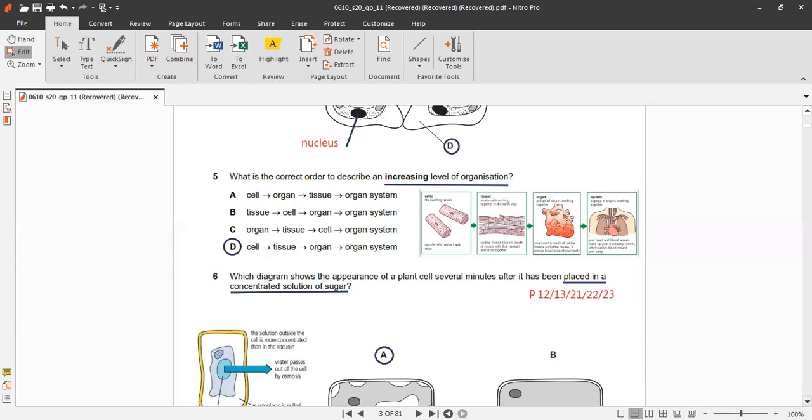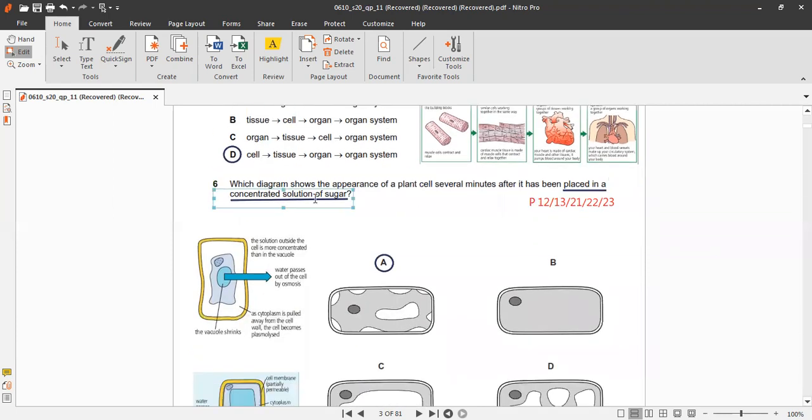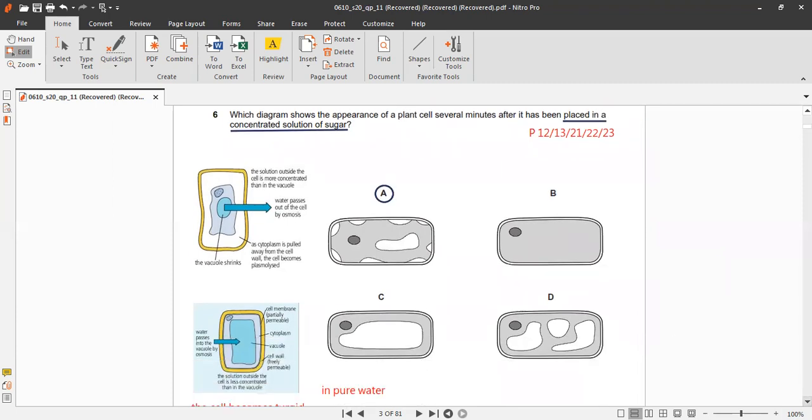Which diagram shows the appearance of a plant cell several minutes after it has been placed in a concentrated solution of sugar? Yes, the correct answer is A, because the solution outside the cell is more concentrated than in the vacuole.